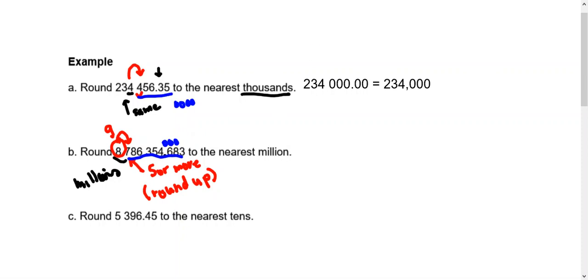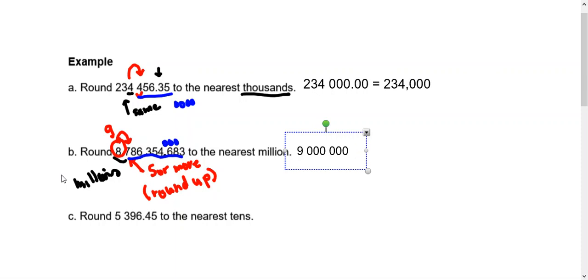So if I was going to type this into my document, I could say that this is 9. I'm going to put commas in where those spaces are. That would be rounded to the nearest million.